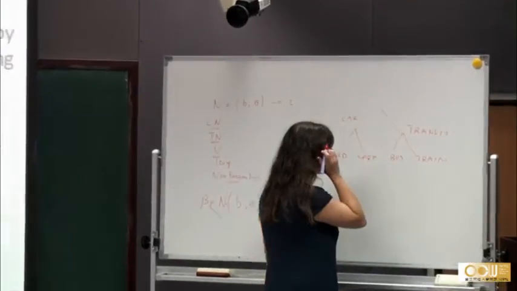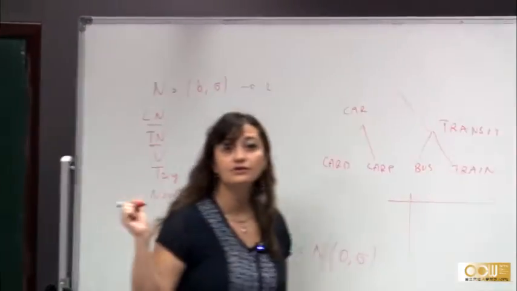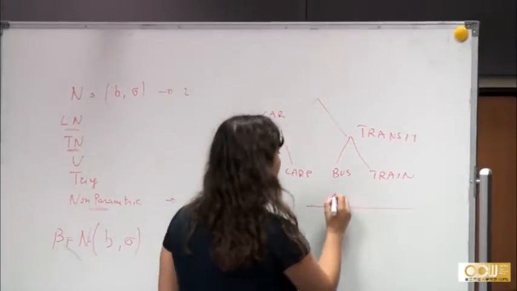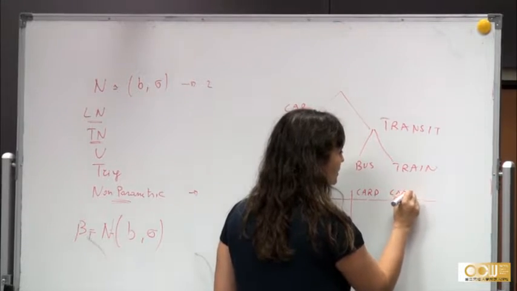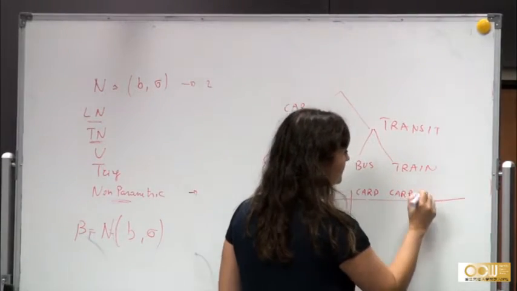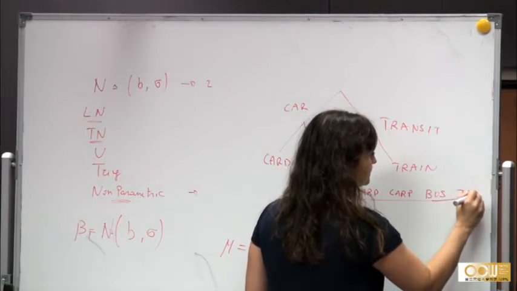All right, so suppose that you want to create a database in order to estimate the error component structure. And suppose that this is car driver, car passenger, this is bus, and this is train.